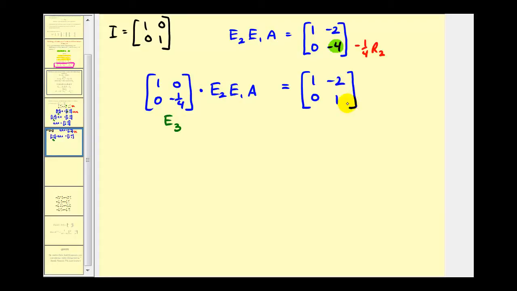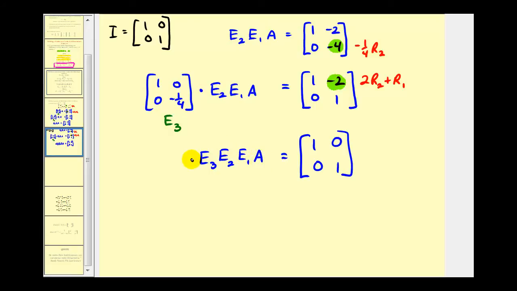Looks like we have one more row operation to perform. If we want a 0 in this position here, we can replace row 1 with 2 times row 2 plus row 1. So we have 2 times 0 plus 1, that's 1. And we have 2 times 1 is 2 plus negative 2, that's 0. On the left side, we already have this product.